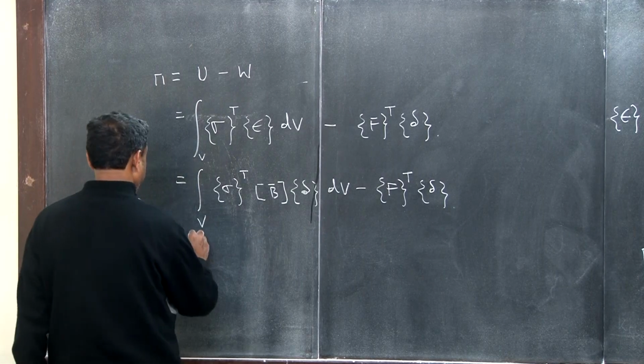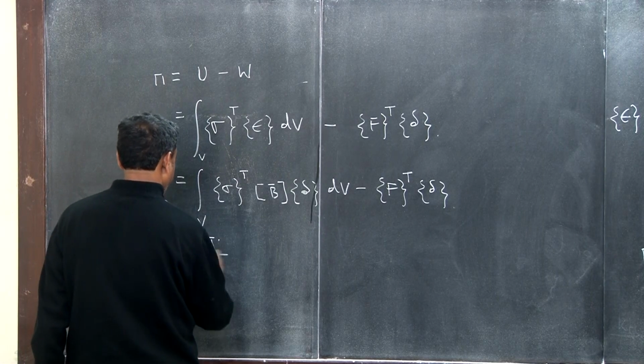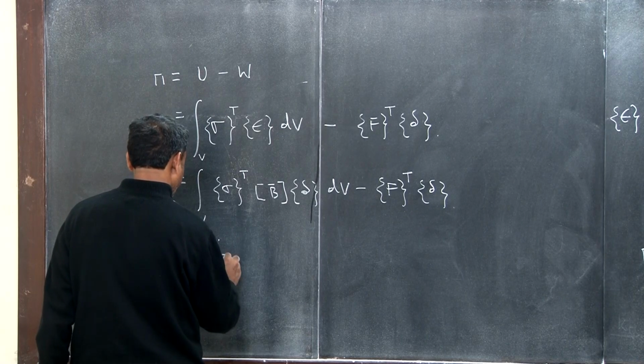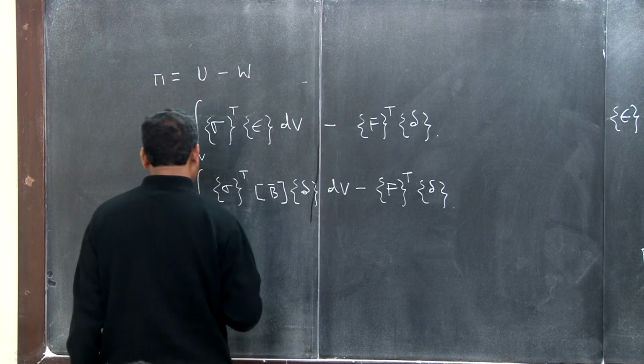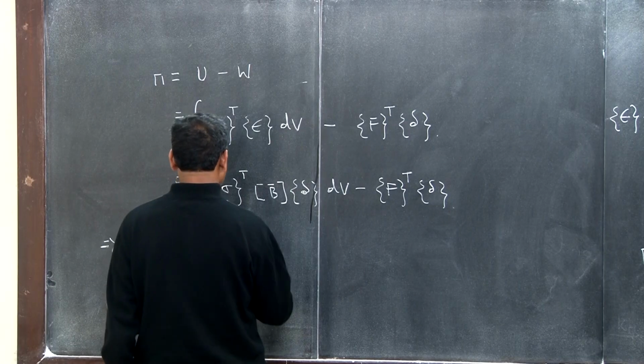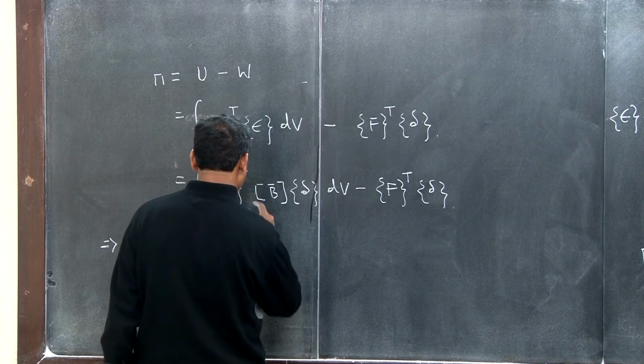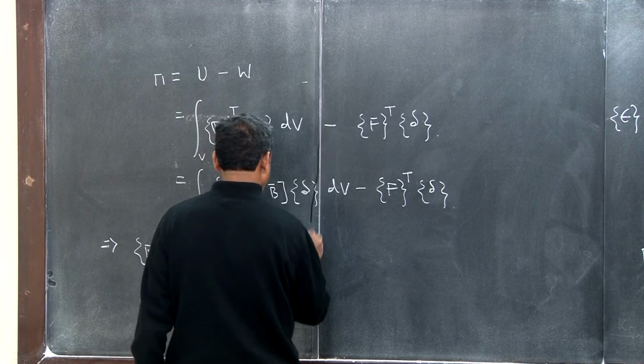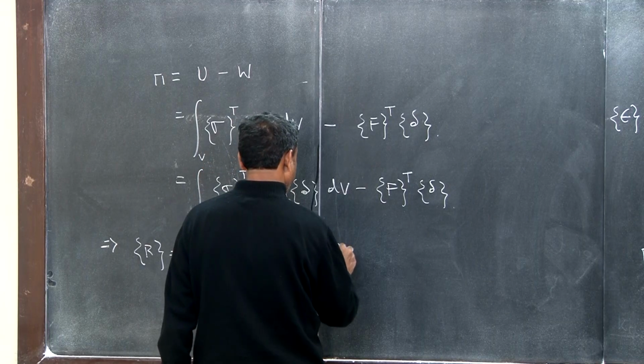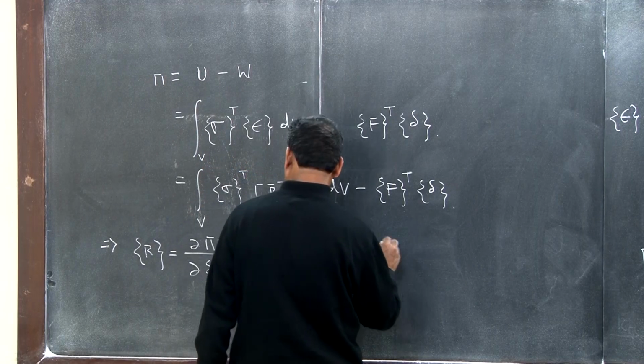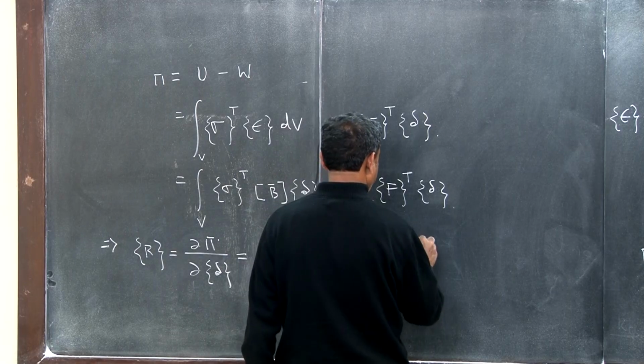So del pi and del delta, when you do del delta here, it will be sigma transpose B dV minus F, okay.